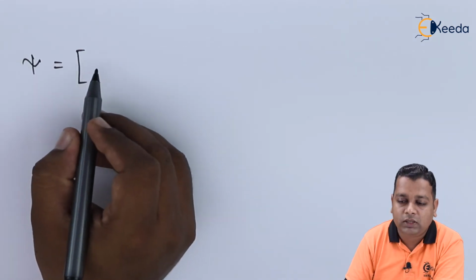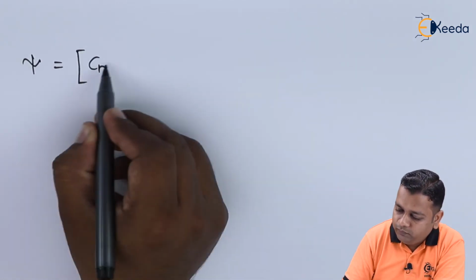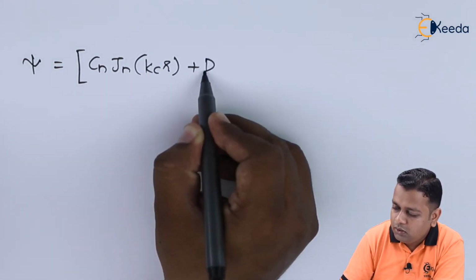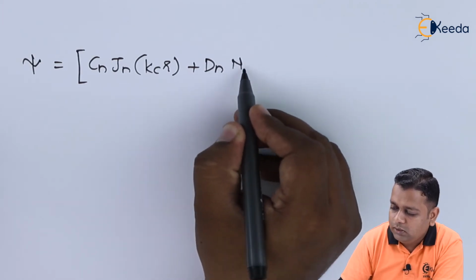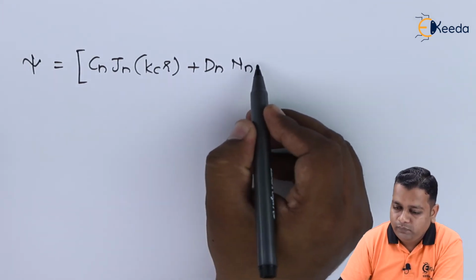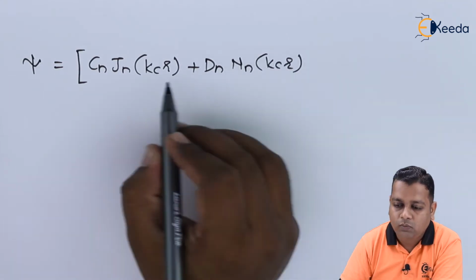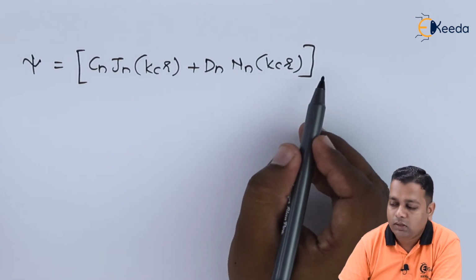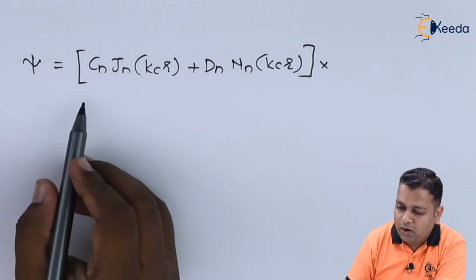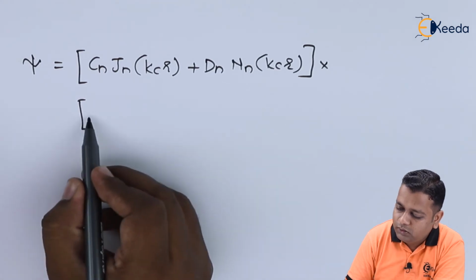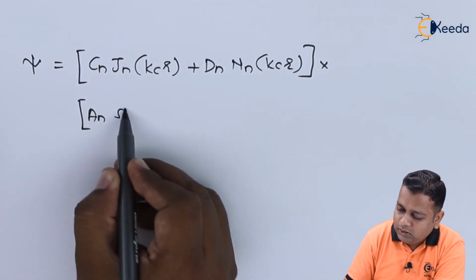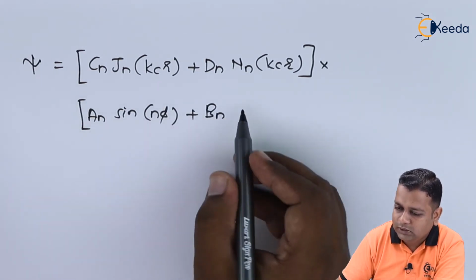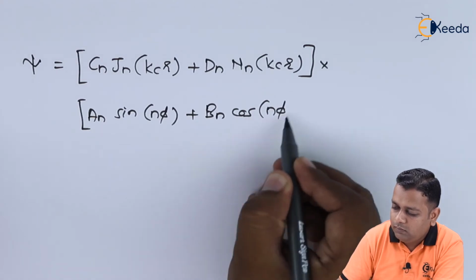the square bracket we represent C suffix n into Jn as a function of kc into r, added to D suffix n in multiplication to Nn as a function of kc into r. Both the kinds we have represented here. So the square bracket is completed here, and it is further multiplied to another square bracket that involves A suffix n sine of n phi added to capital B suffix n cosine of n phi here.